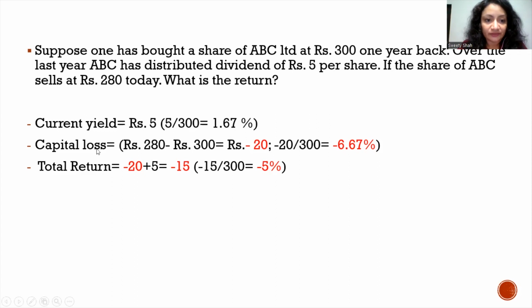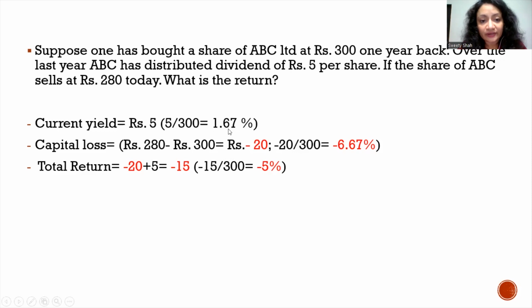But if we look at the changes in the value of the asset, after 1 year the value has actually depreciated to 280 rupees, whereas the investment was 300. So here a loss of 20 is occurring per share. If you calculate the capital loss for this investment, it would be minus 20 divided by the initial investment 300. So here your capital return is actually minus 6.67 percent.